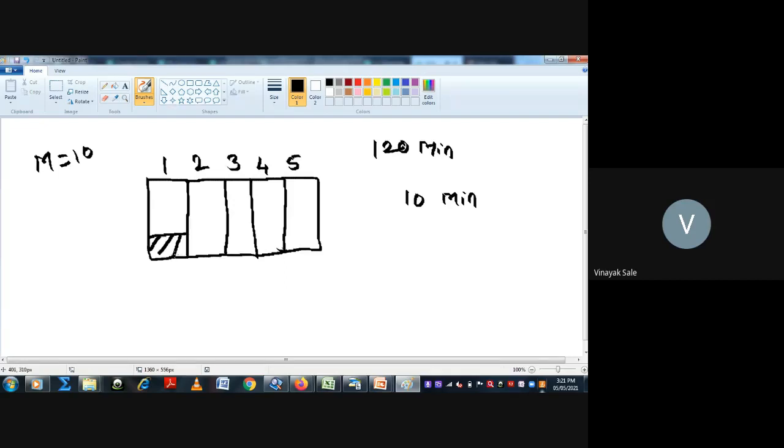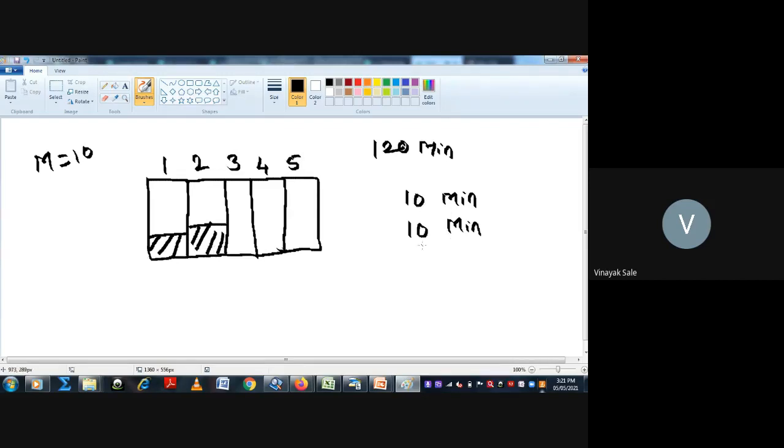Then you stop, and in the next time slot of 10 minutes you take the next question, question second, and within that time slot you solve this question up to this part.